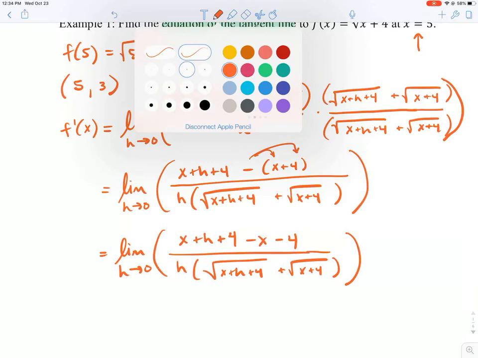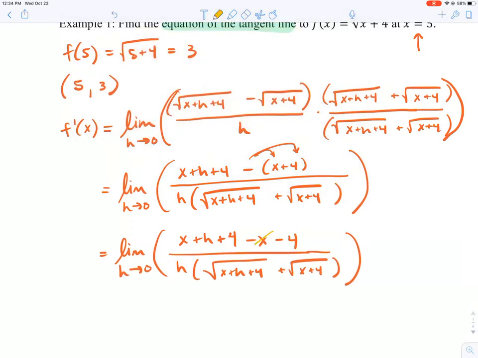And now the fun part, let's look at what cancels. So the x's cancel, the 4's cancel. And then if you notice, we just are left with an h in the numerator, which will cancel with the h in the denominator, leaving us with the limit as h approaches 0 of 1 over the square root of x plus h plus 4 plus the square root of x plus 4.